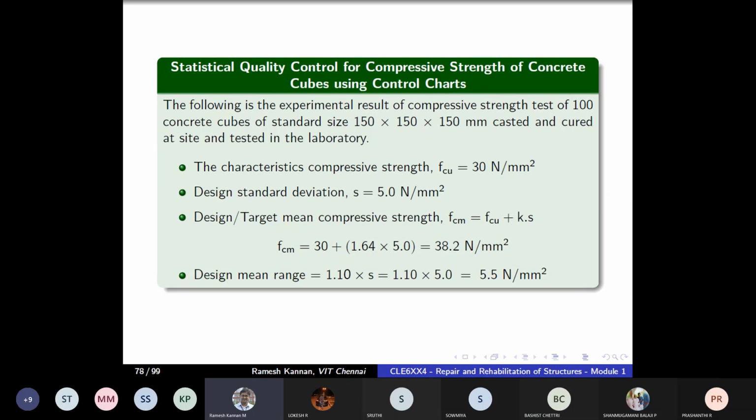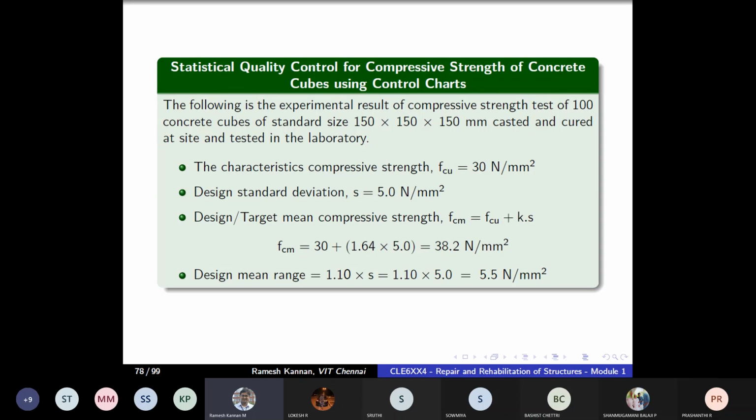I'll tell you what exactly that means. So 1.10, a factor of safety multiplied by S, the standard deviation, will give you a value which is 5.5 Newton per millimeter square. I'll tell you where exactly we can use this, but understand this.